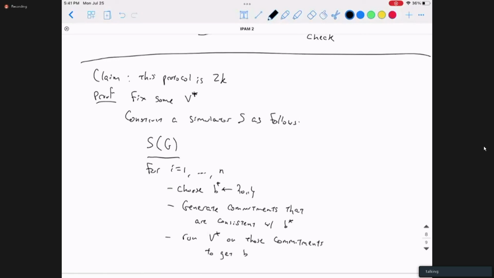Either b star is equal to b or it's not equal to b. If it's equal to b, then we're kind of golden, because then we know exactly how to open up the commitments we started with to make it look like a completed accepting transaction. So if b star equals b, we'll break out of this for loop, and then we'll be able to complete.